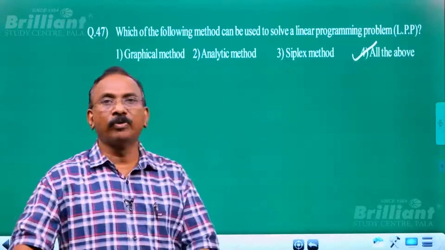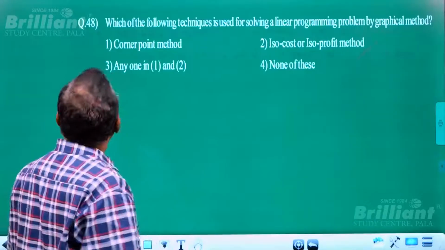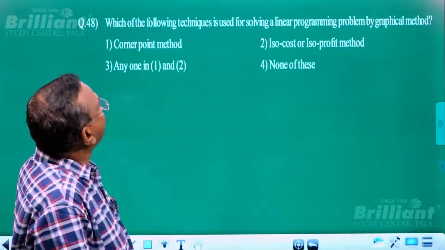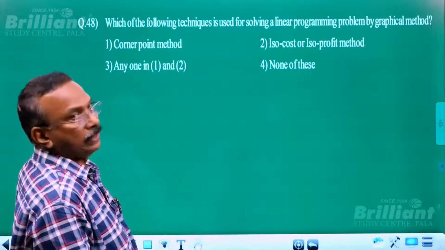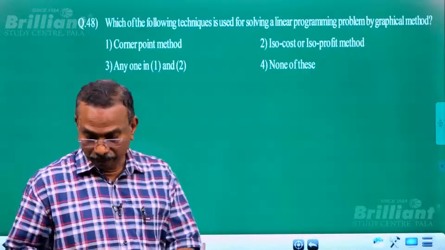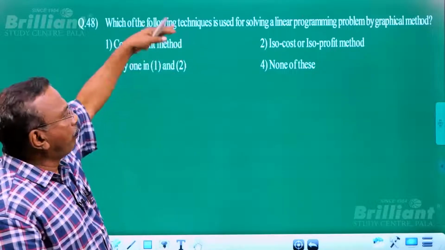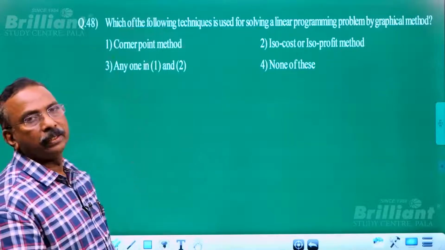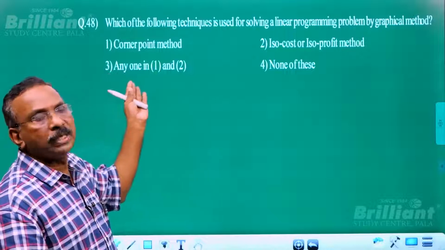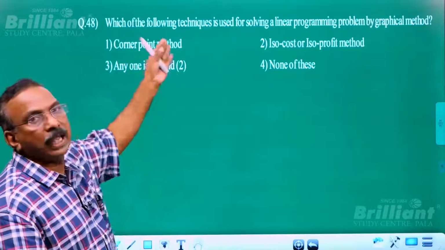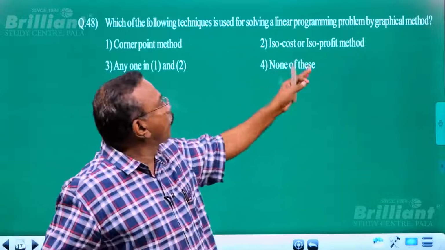Now we come to question number 48. Which of the following techniques is used for solving a linear programming problem by the graphical method? When you plot all the equations, the graphical procedure will provide some region. There's a feasible region, and you can put the corner points inside it. The corner point method is sufficient to solve the problem. And the iso-cost or iso-profit procedure is there.